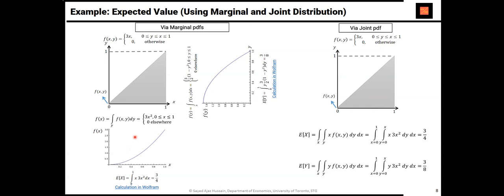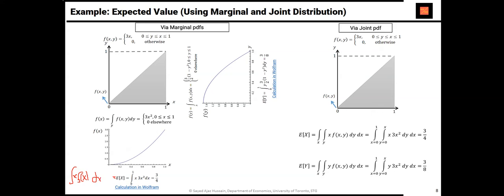So once again, we should remember the rules. The rules are to find the expected value of x. The expected value of x, if you wrote it in general form, would be x times f of x times dx.